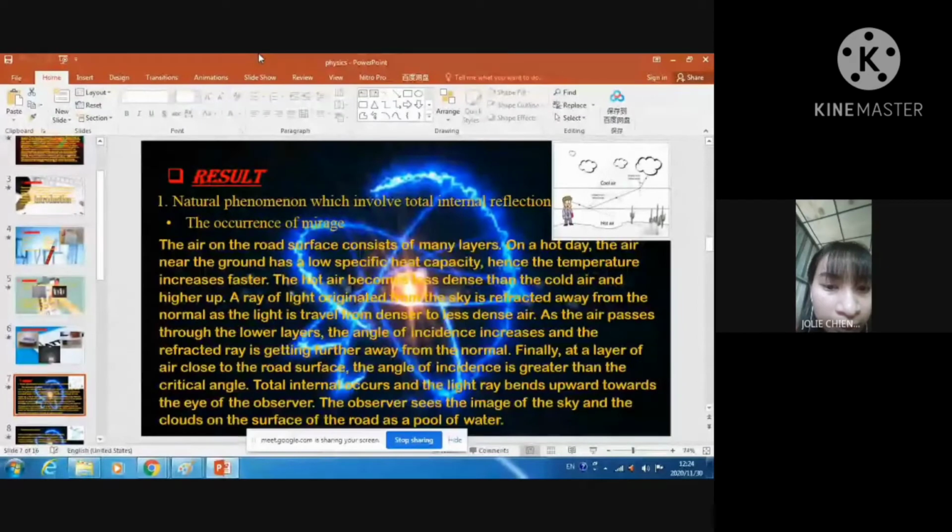Finally, at a layer close to the road surface, the angle of incidence is larger than the critical angle. Total internal reflection occurs and the light ray bends upward towards the eye of the observer. The observer sees the image of the sky and the clouds on the surface of the road as a pool of water.